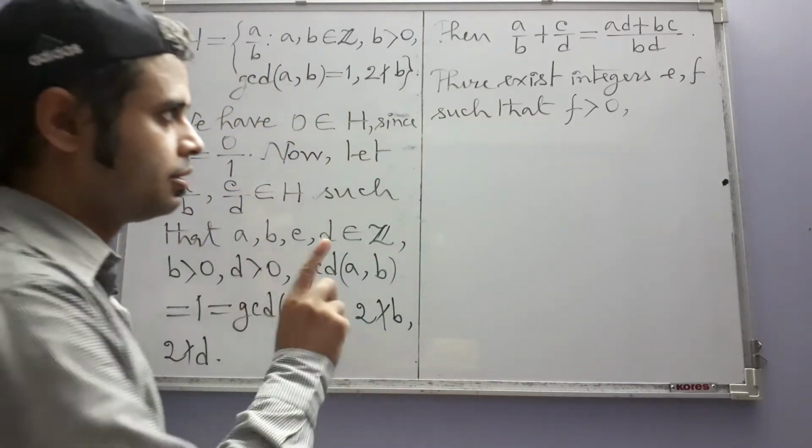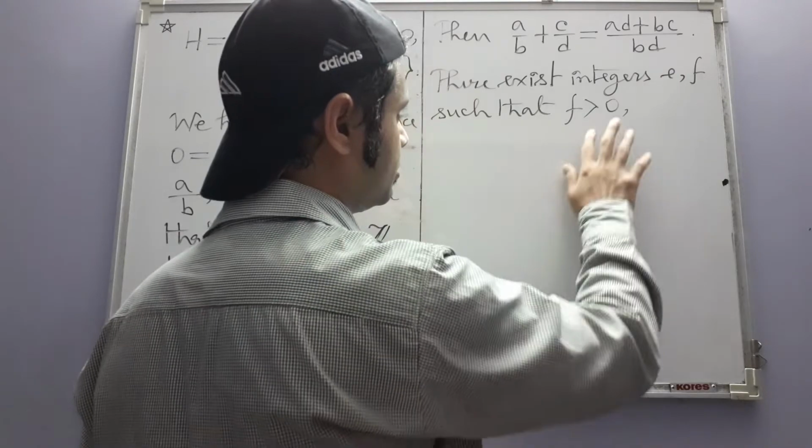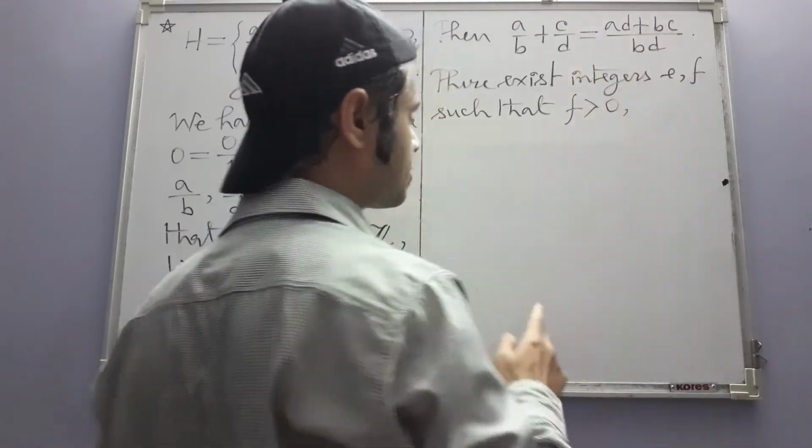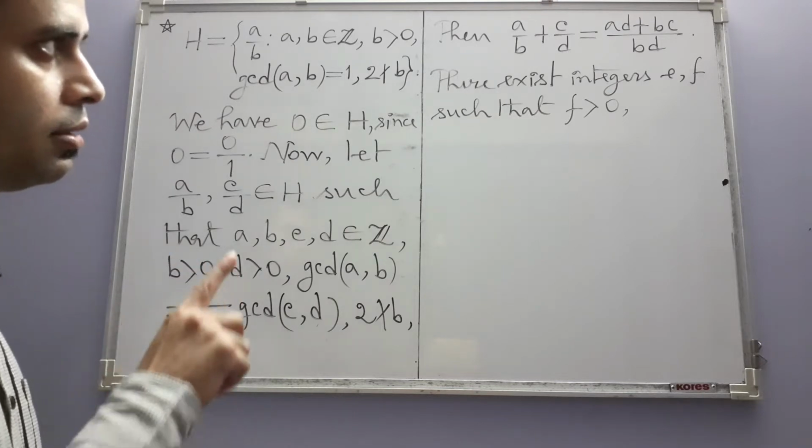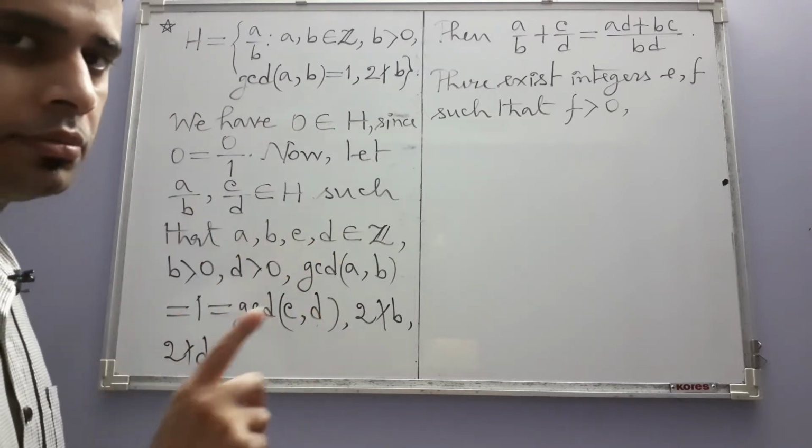There exist integers E and F using which you can express this quotient as E divided by F, where E and F are relatively prime, and F is positive.